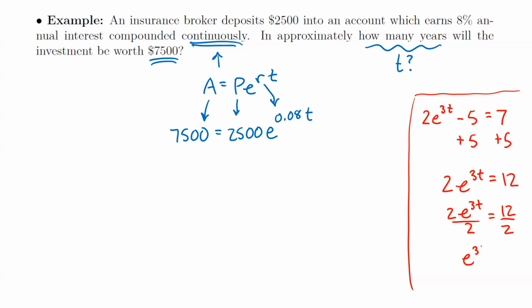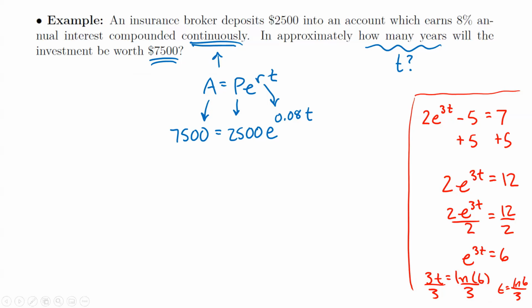So e^(3t) = 6. And then remember, if I took the natural log of both sides, it would just give me 3t on the left and the natural log of 6 on the right. So then the last thing would just be divide by 3. So t equals the natural log of 6 over 3.